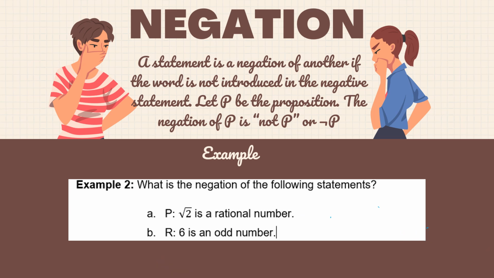So let's proceed to letter B. We have the proposition R. 6 is an odd number. So what is the negation of R? 6 is not an odd number.